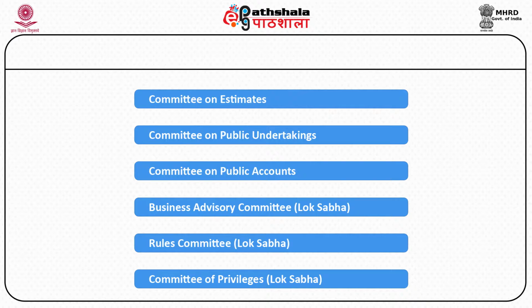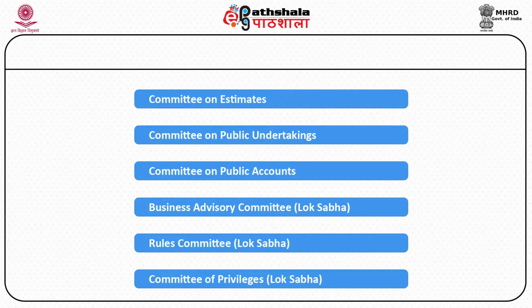Besides the ad hoc and the standing committees, there is also a provision for other types of committees, and of special importance are the committees on subordinate legislation, the committees on government assurances, the committee on estimates, the committee on public accounts, the committee on public undertakings, and the departmentally related standing committees.